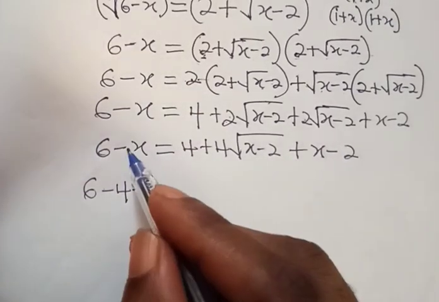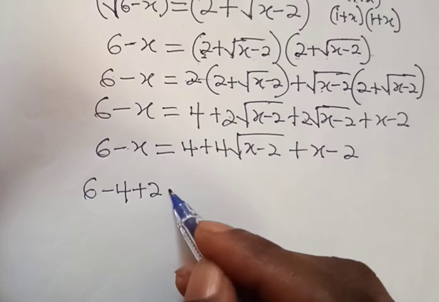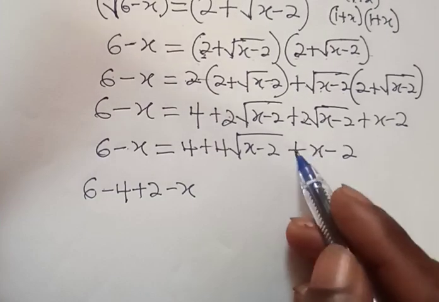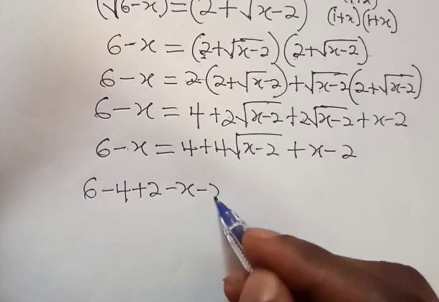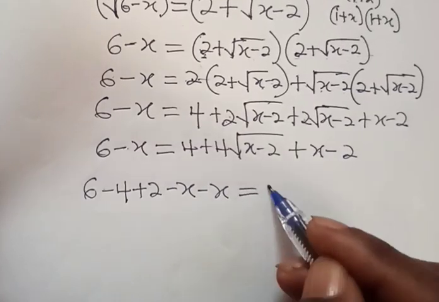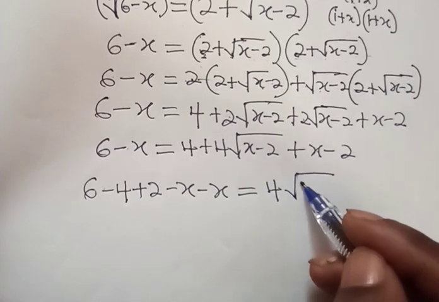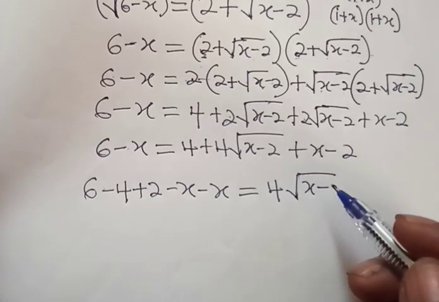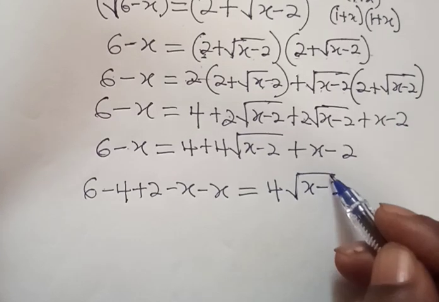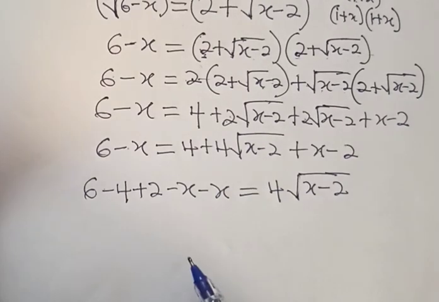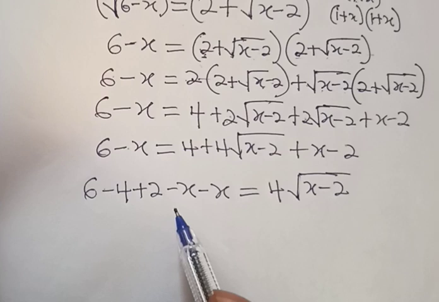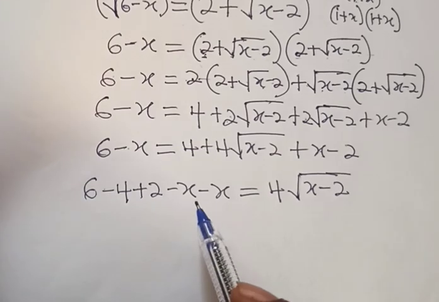And then I'll bring my x, negative x. And I have another x here, so it becomes negative x again, which is equal to 4 square root of x minus 2. All right, great. So let's see.